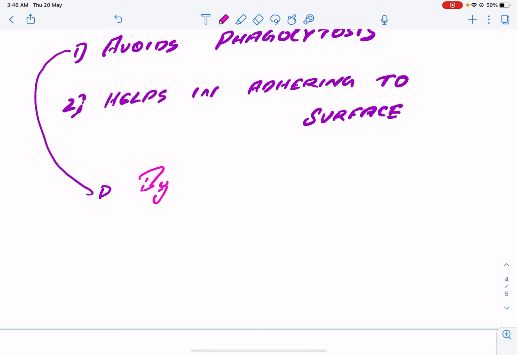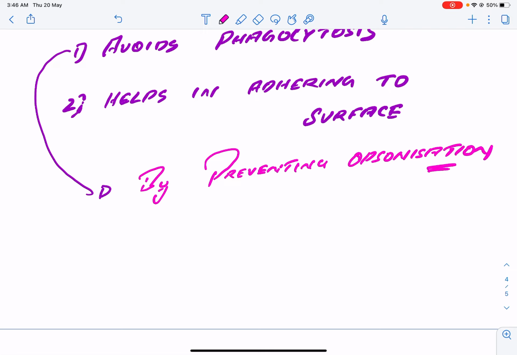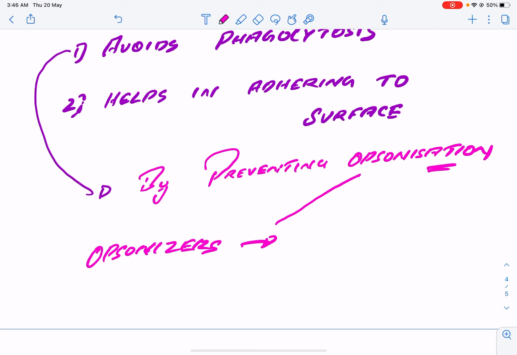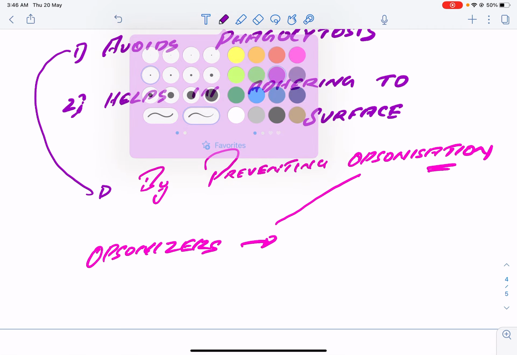They prevent a process called, as you might have heard in pathology, opsonization. Opsonization just means we are making the bacteria tastier with the help of complement. There are a lot of opsonizers in the blood. They go to the bacteria and say, I will make you tastier, so our WBC or macrophage can eat it.